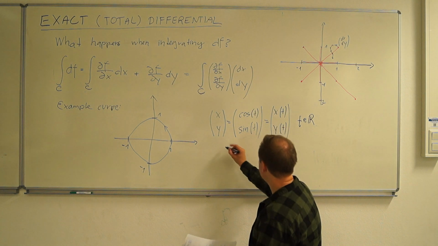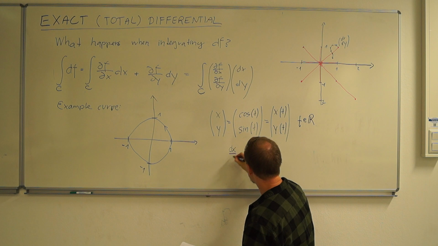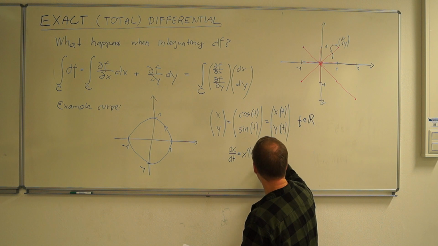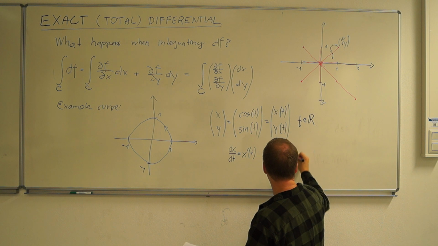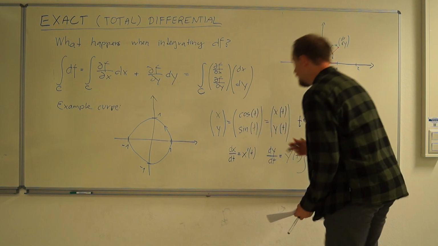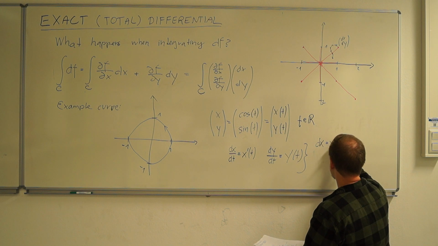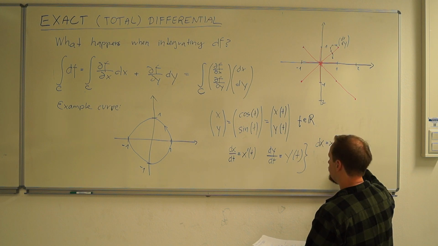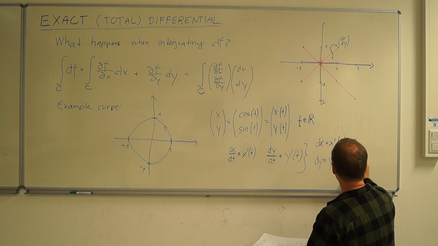But generally one can then make a notation that dx over dt equals x prime of t, and dy over dt equals y prime of t. And one can write this a bit differently, namely dx equals x prime of t times dt, and dy equals y prime of t dt.